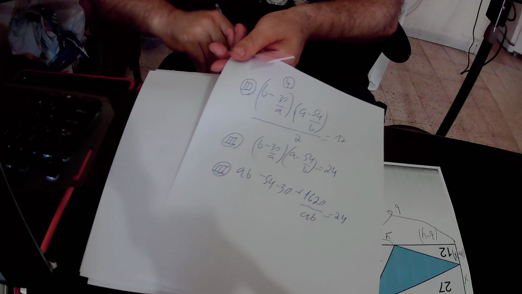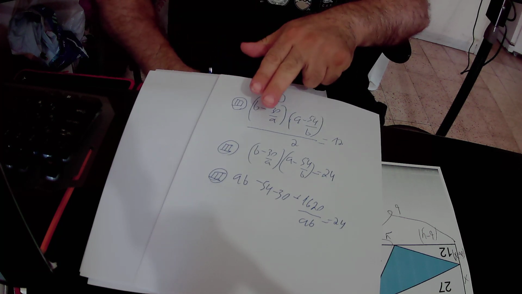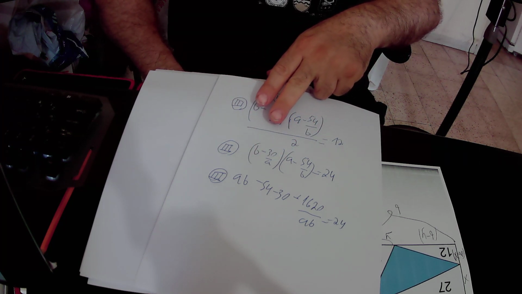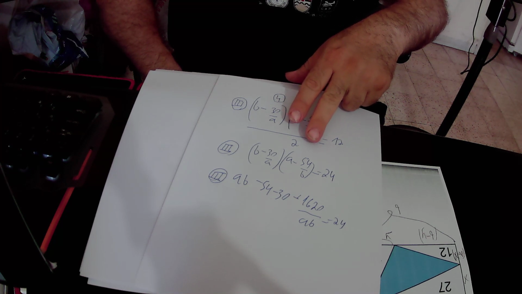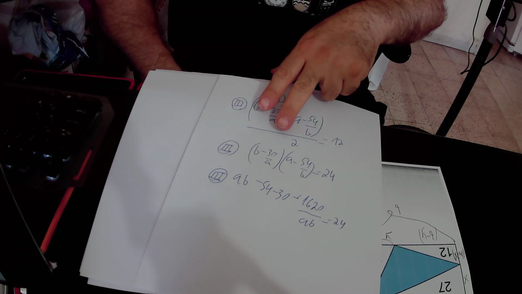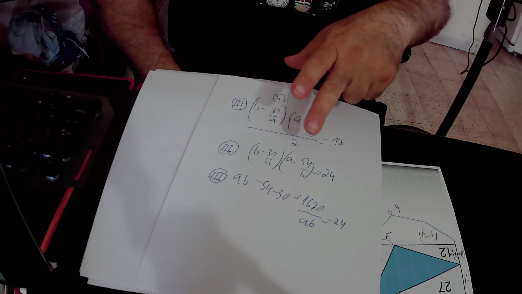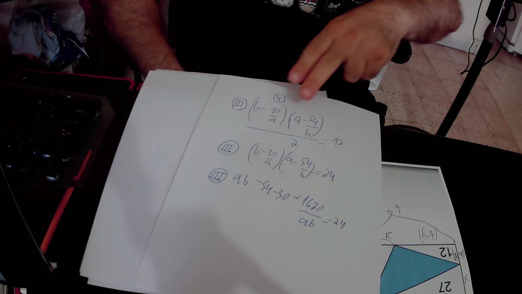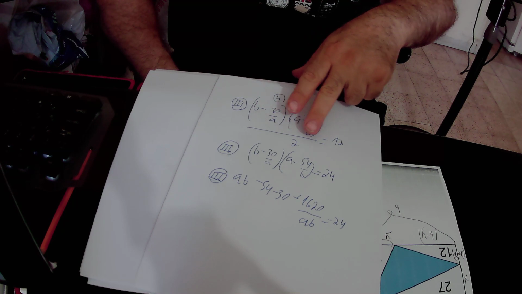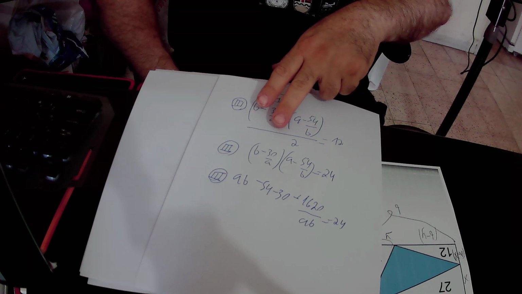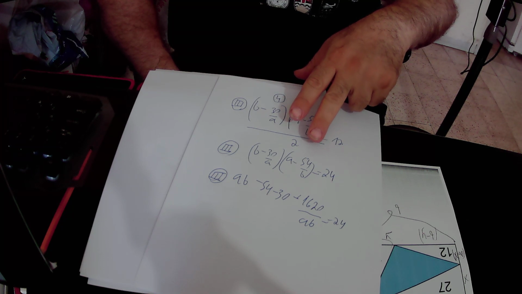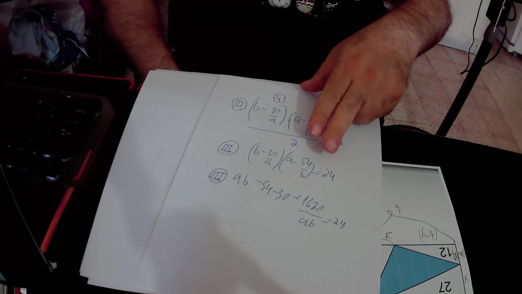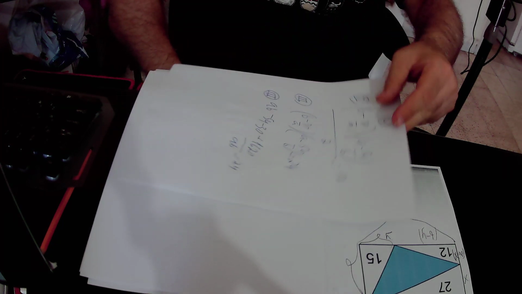Okay, so we open the brackets, and b times a is ab. b times minus 54 over b is minus 54, minus 30 over a times a is minus 30, and minus 30 over a times minus 54 over b equals 1620 over ab. Now we can subtract 24 from both sides of the equation.